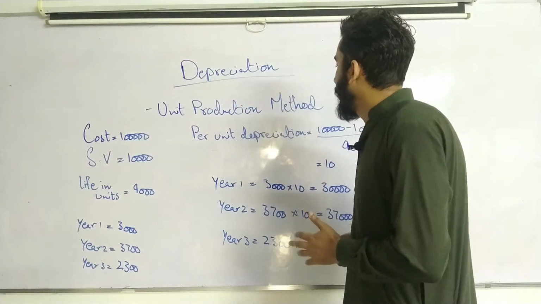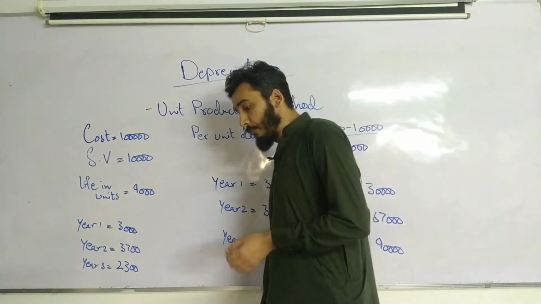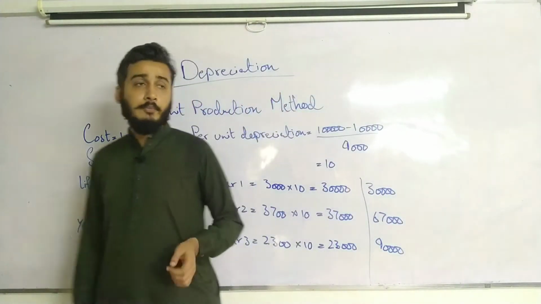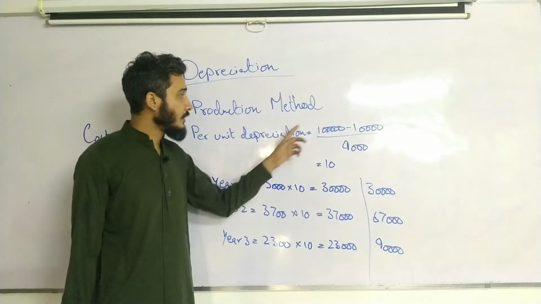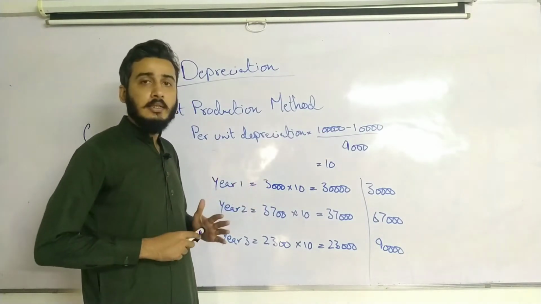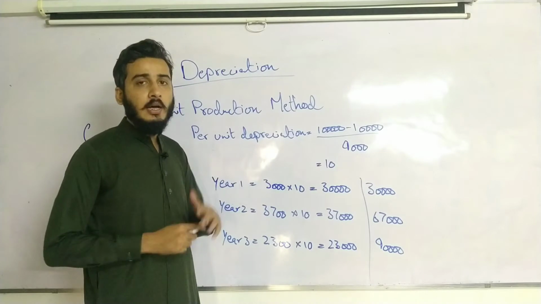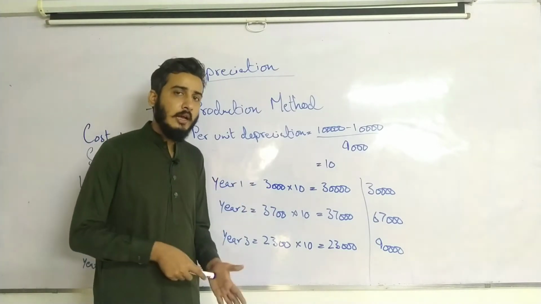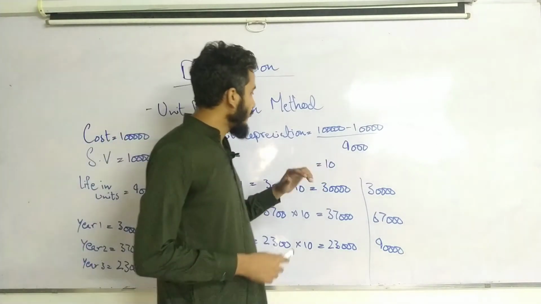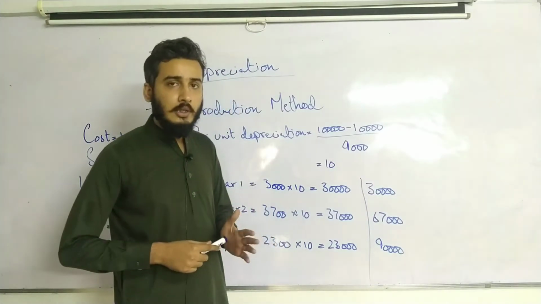Then per unit depreciation, this is the first step which you got to do for taking out the depreciation. So per unit depreciation, that is cost minus scrap value and divided by total life in units. And we have got 10 per unit.